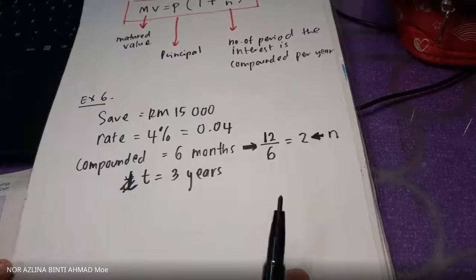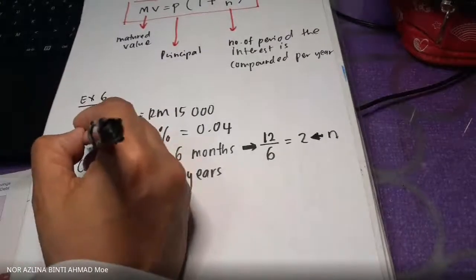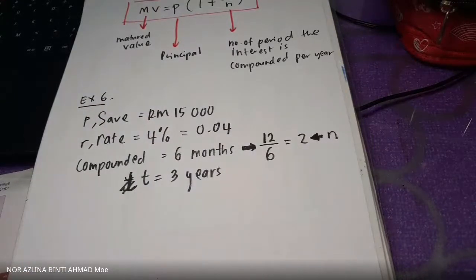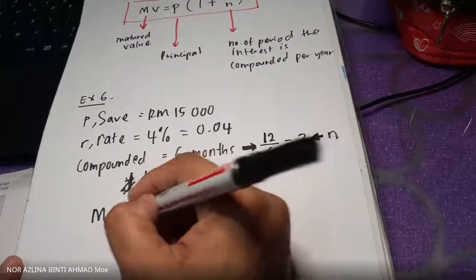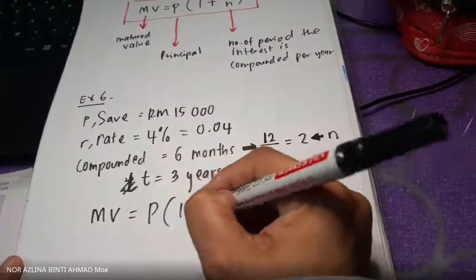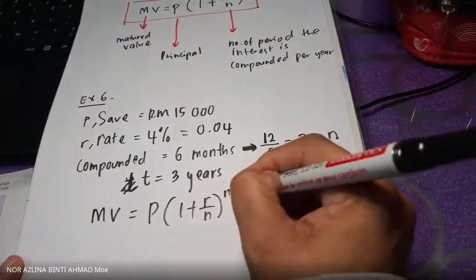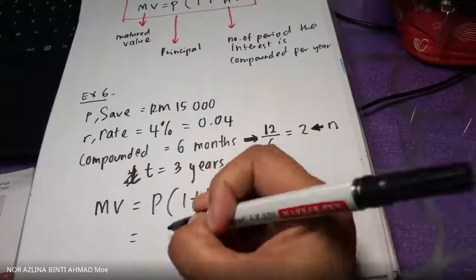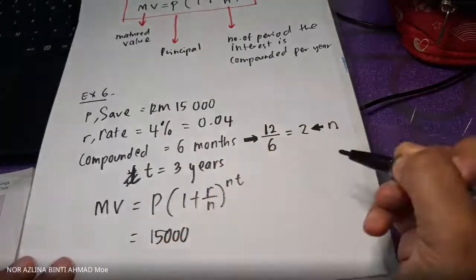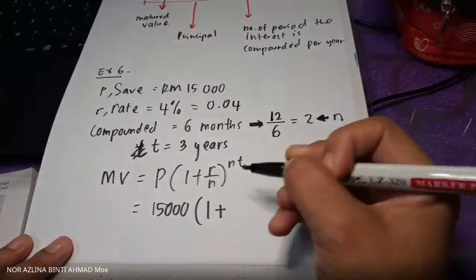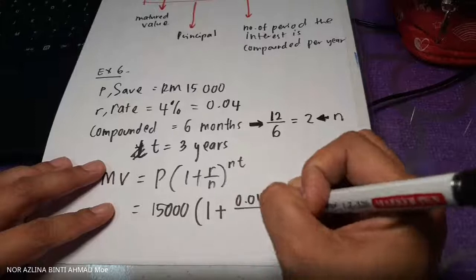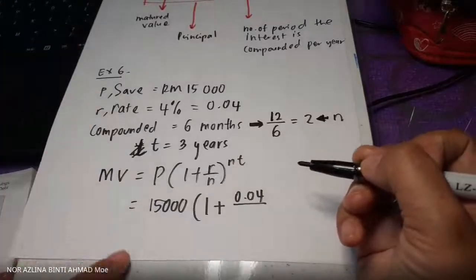So next. This is R. We know this is R. And save means P, principal. So we use the formula MV equals P(1 plus R over N) to the power of NT. P is 15,000. We substitute into the formula: 1 plus the rate, 0.04, over N. N is 2.